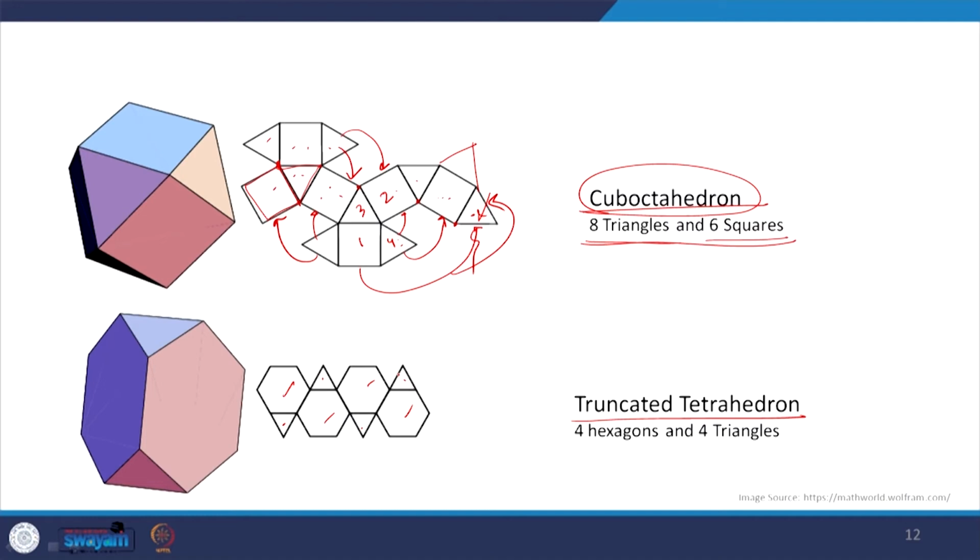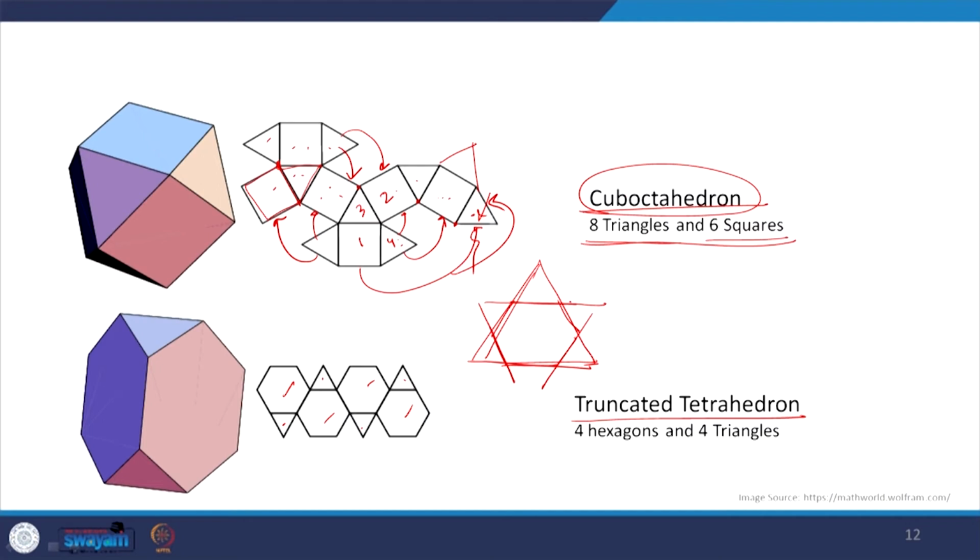So for that, suppose I imagine that this is the tetrahedron that I have, and now if I want to cut it, this is where I am going to cut it. So I will get the shape that I am going to see as the hexagon, and I will also get the remaining portion which I will be seeing as the triangle, which is the remainder of it.